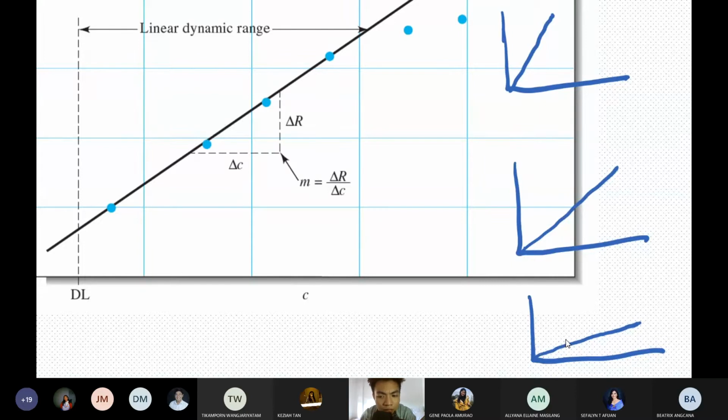The last one, we do not use this at most because when you have a slope that is very low, that means your instrument is not working well. So that means you have to check your instrument whenever you see a slope with this appearance.